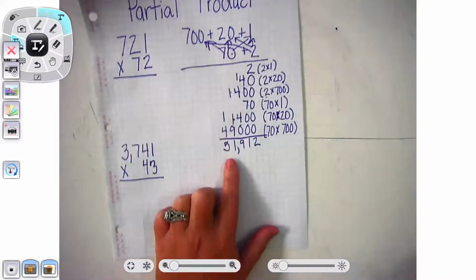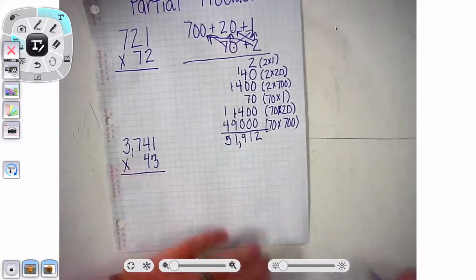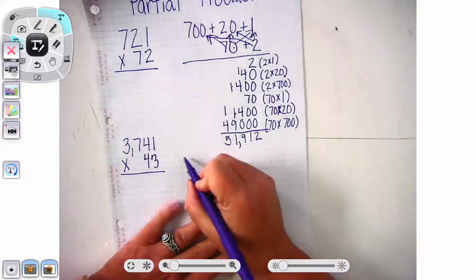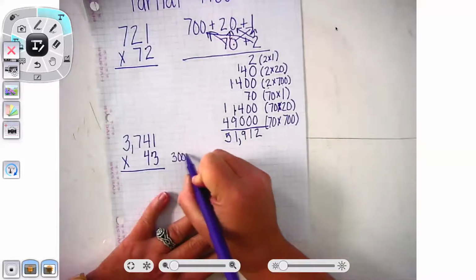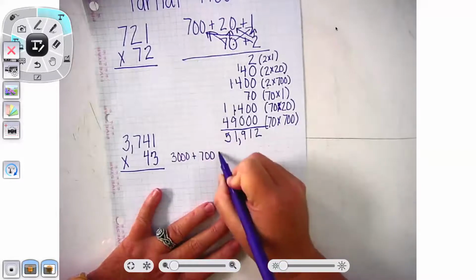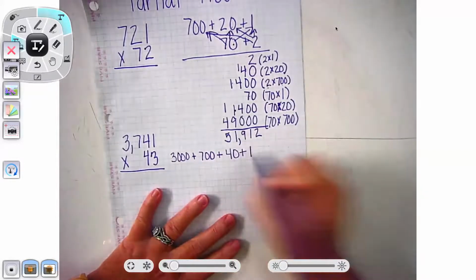Now we're going to go over and we're going to work on one that's in the thousands. So first we're going to put it out in expanded notation. So I'm going to write 3,000 plus 700 plus 40 plus 1.